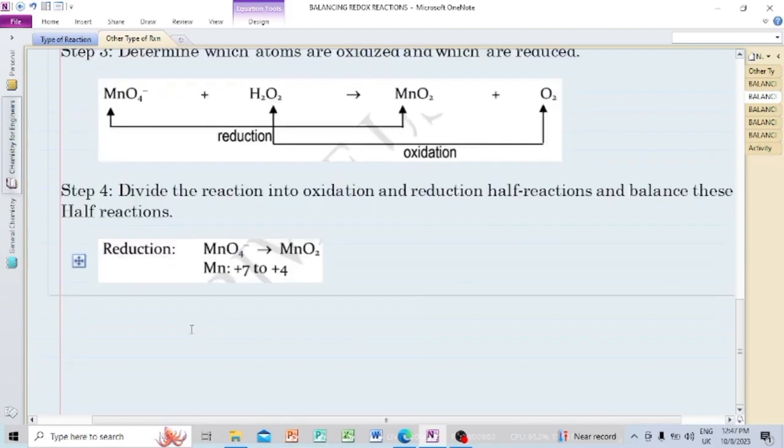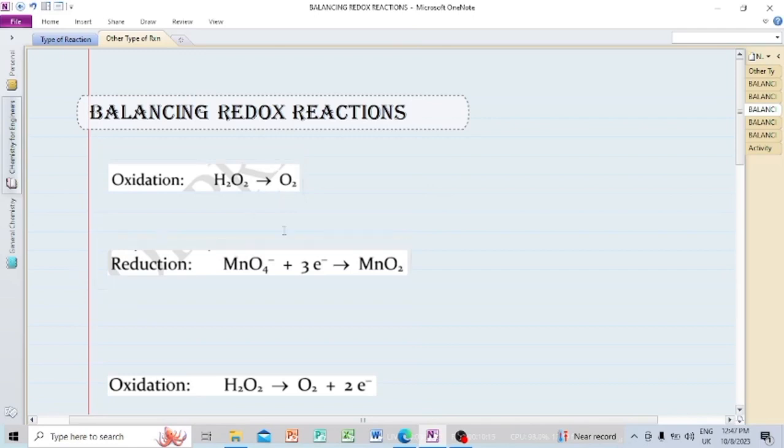So we have determined the reduction, where the oxidation state decreases from 7 to 4. Let's first balance our oxidation.